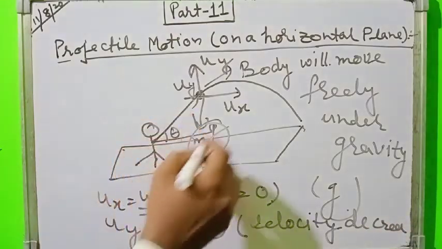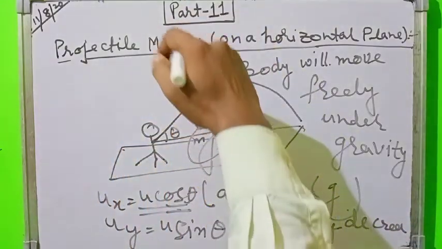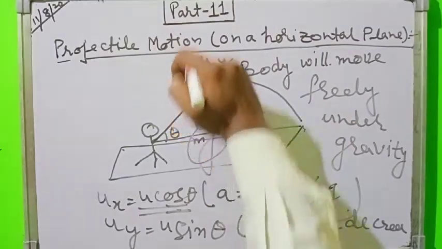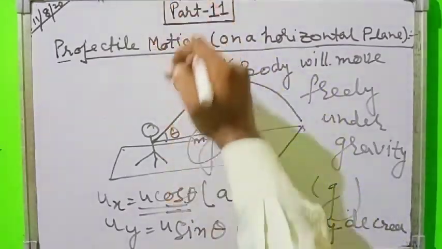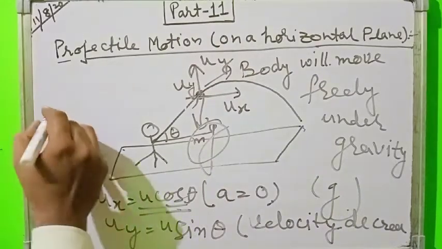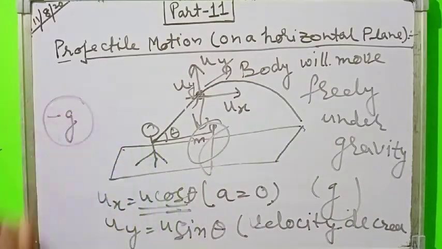Since the motion is upward and the acceleration due to gravity is downward, this is a case of retardation, so we take minus g for calculation.